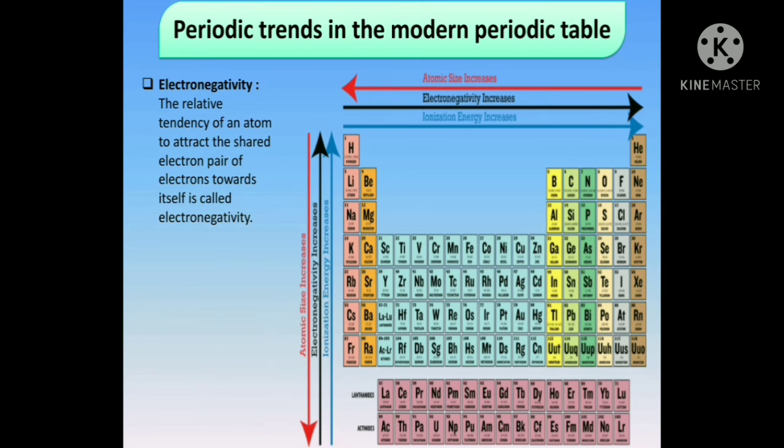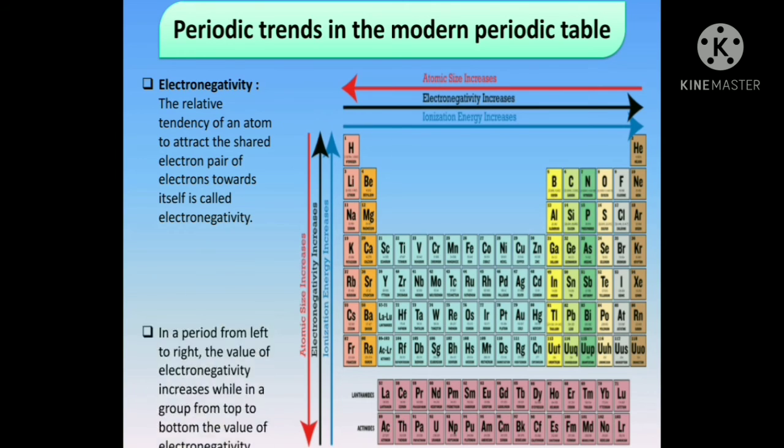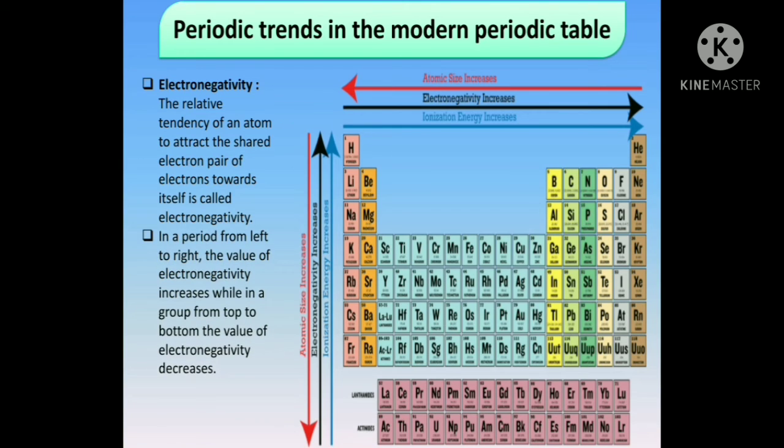Next is electronegativity, the relative tendency of an atom to attract the shared pair of electrons towards itself is called electronegativity. In a period from left to right, the value of electronegativity increases. You can see the arrow shown here. While in a group from top to bottom, the value of electronegativity decreases.